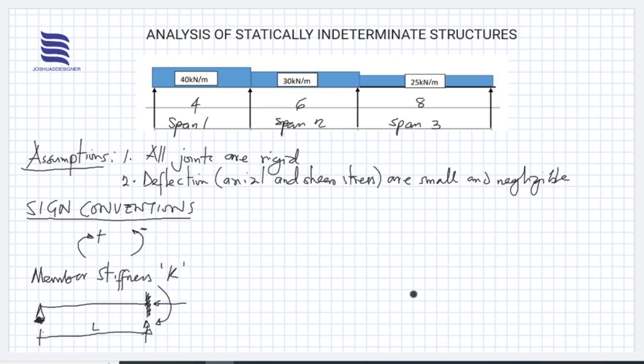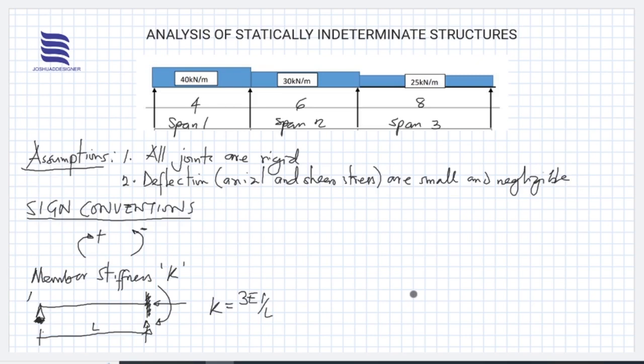So for this particular arrangement, seeing that we have the end support as simply supported, that is pinned, the stiffness factor here will be taken as 3EI over L. Each time, this is now the far support.